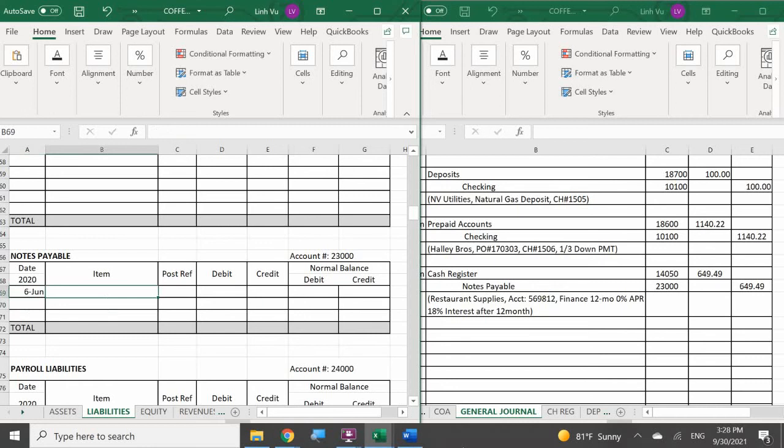In this case, you could say I bought a cash register, financed 0% APR for 12 months, and if not, comma 18% interest.